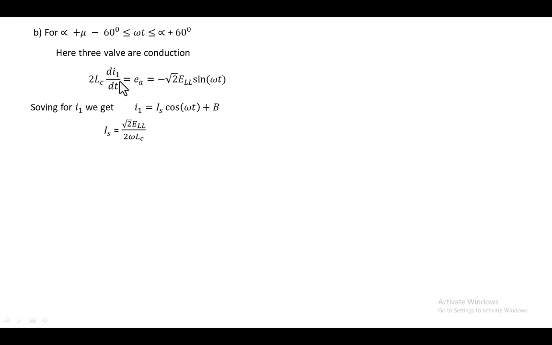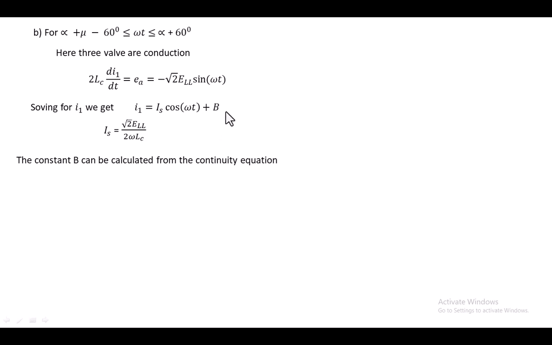Solving for I1, we get I1 equals IS cos omega t plus B, where IS equals root 2 ELL by 2 omega LC. LC is nothing but the source inductance, and ELL is the RMS line voltage.